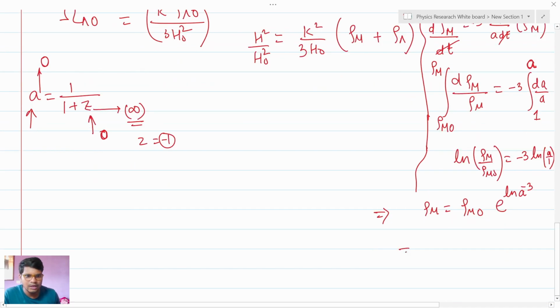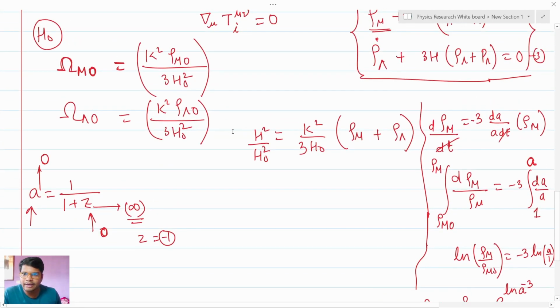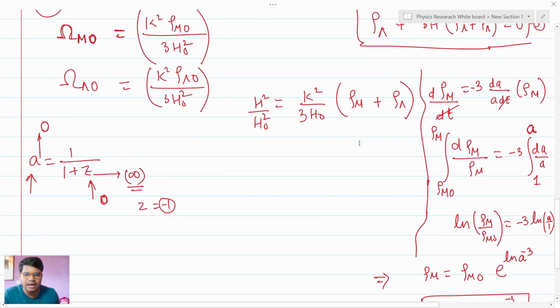So rho m is equal to rho m0 A to the power minus 3. This is the way to find out rho m. Now I can use this equation: H square over H0 square is equal to kappa square.